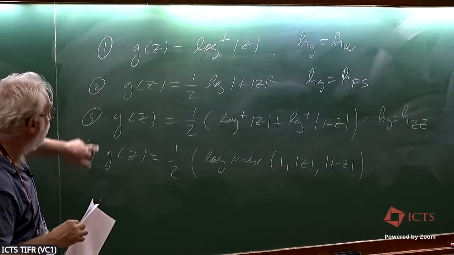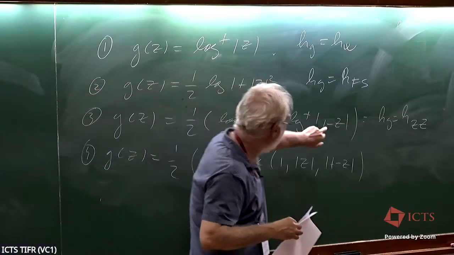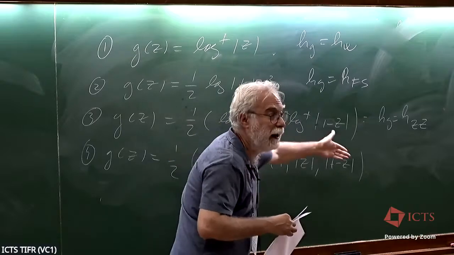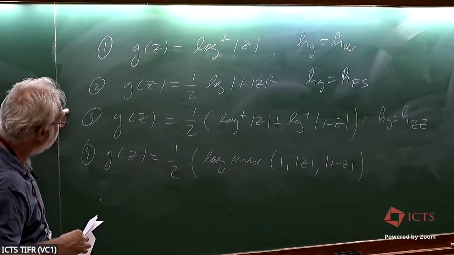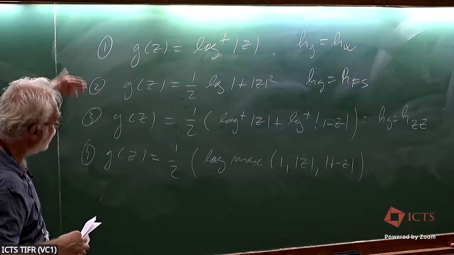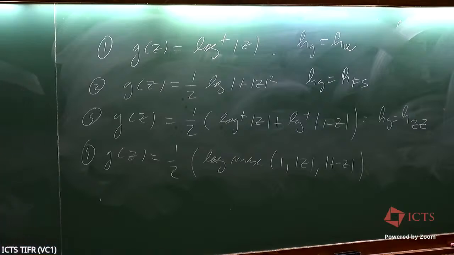Now observe that in this case, I am taking z and 1 minus z, and here I am doing something similar. So the difference is that here I am embedding P1 inside P1 cross P1, and here I am embedding P1 inside P2.